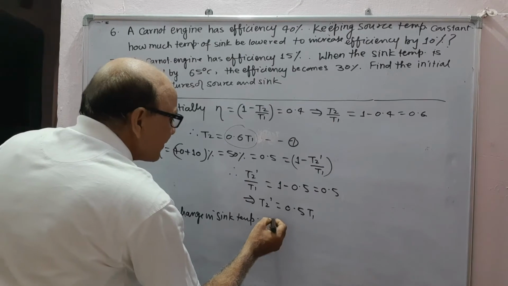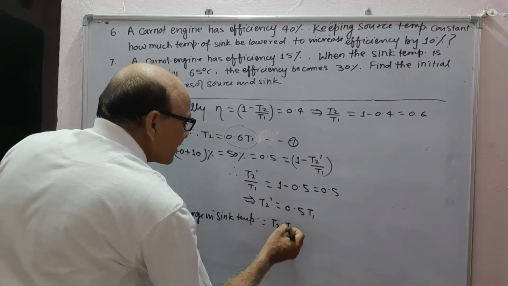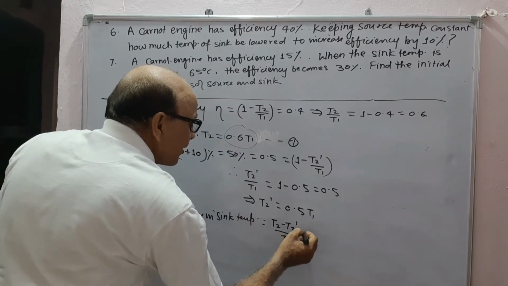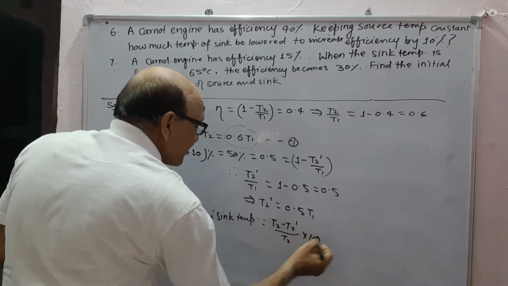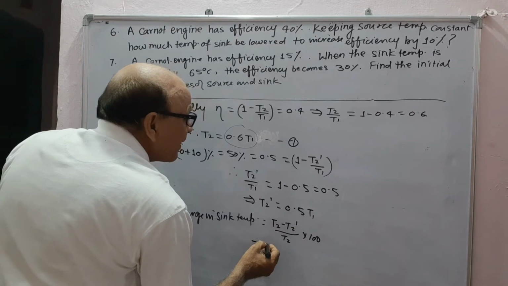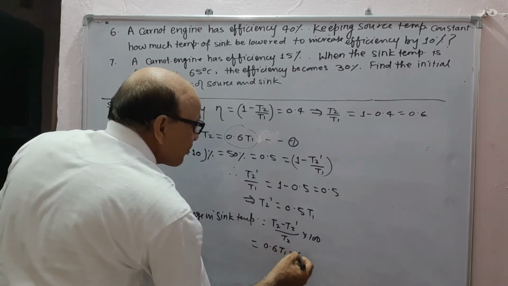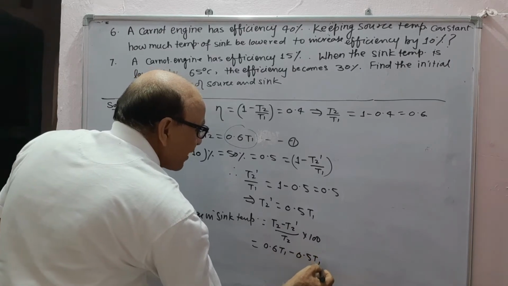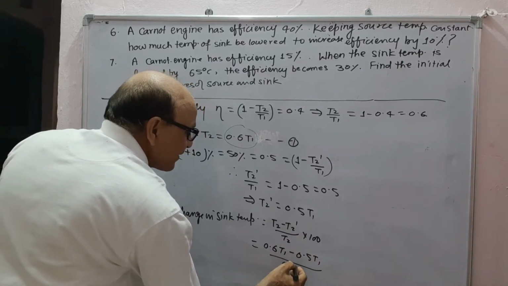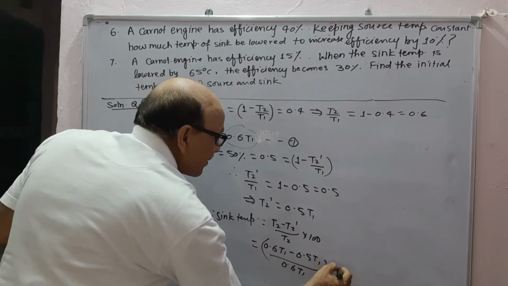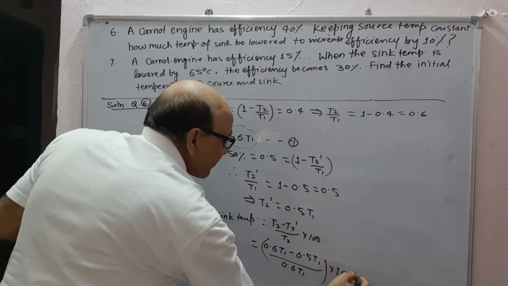So T2 minus T2 dash upon T2 into 100, that is 0.6 T1 minus 0.5 T1 upon 0.6 T1 into 100%.